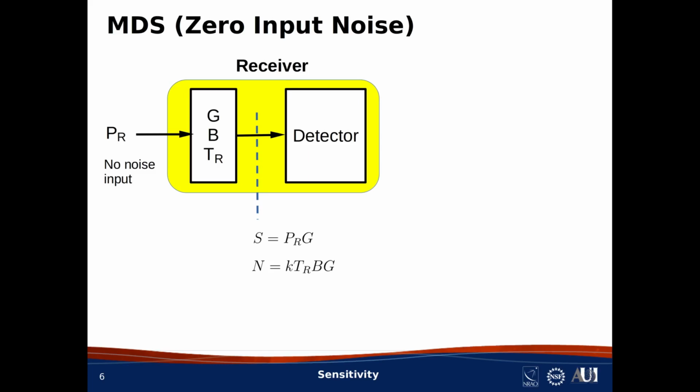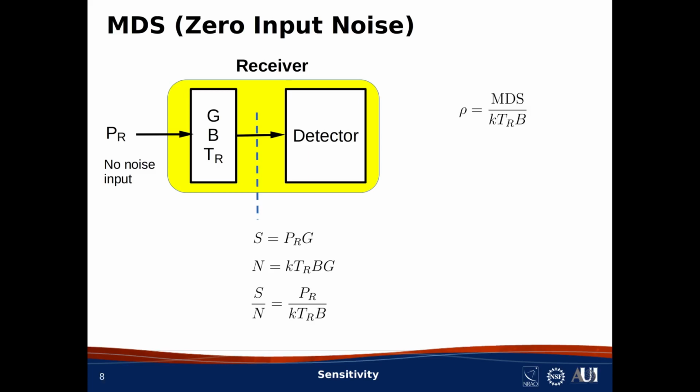And then we multiply by G, because T sub R is referred to the input. So pre-detection signal-to-noise ratio is just P sub R divided by k times T sub R times B. Note that the receiver gain, G, has canceled out, and this is expected since the gain of the receiver is affecting both the signal and the noise in the same way.